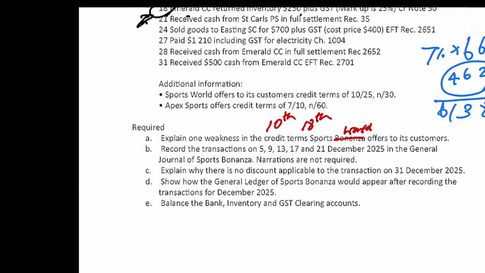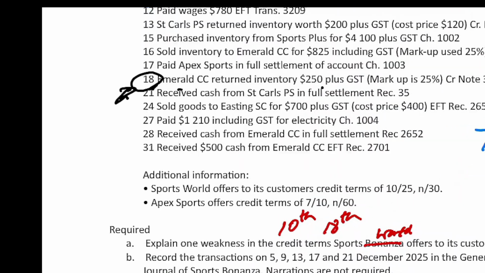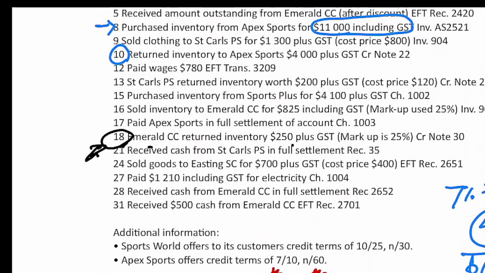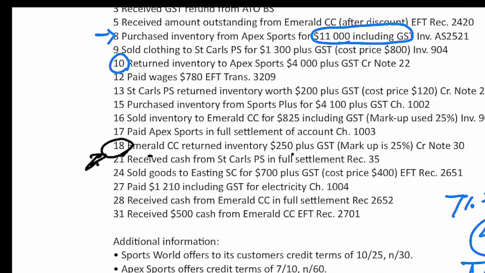Okay. Next one. 21st. Received cash from St. Carl's PS.